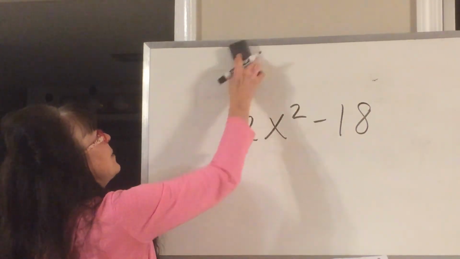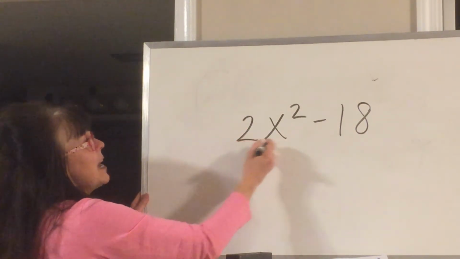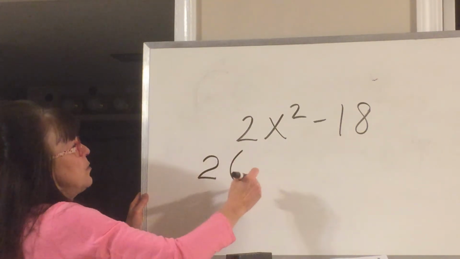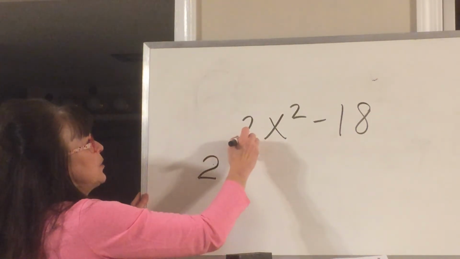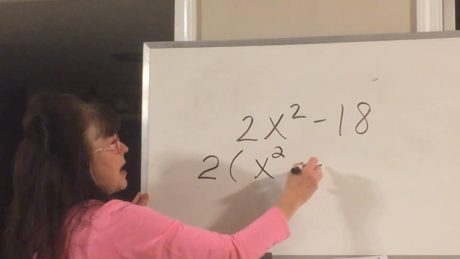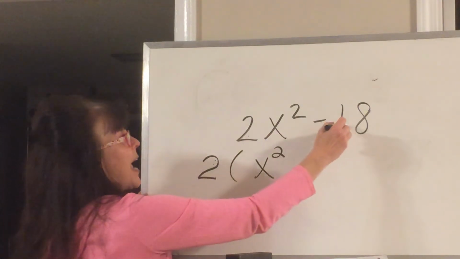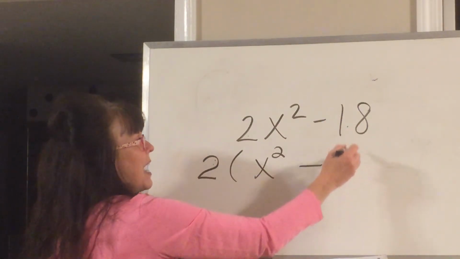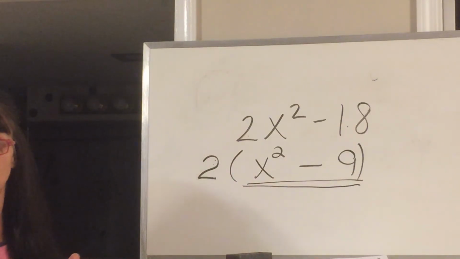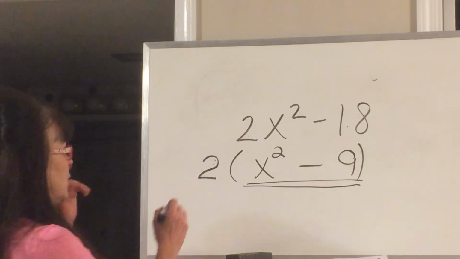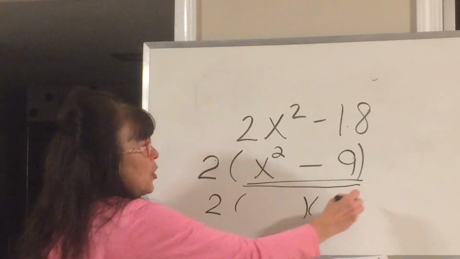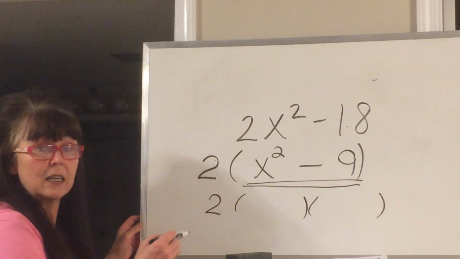Oh, well, you know what? That has a GCF. So you're going to take out a 2. 2 going into 2 one time. Bring down your x squared, minus 2 going into 18, 9 times. And this turned into a difference of squares. And so you're going to bring down the 2. You're going to open up 2 parentheses.